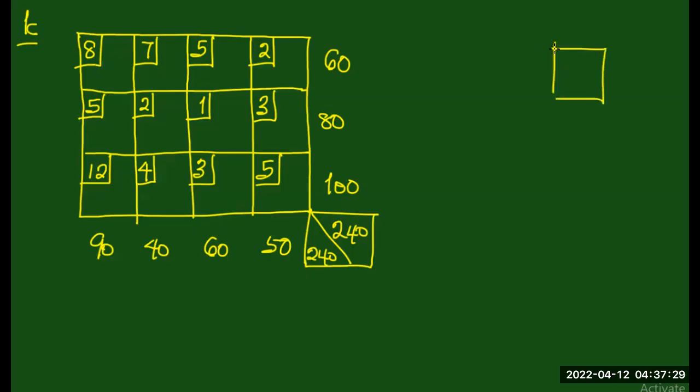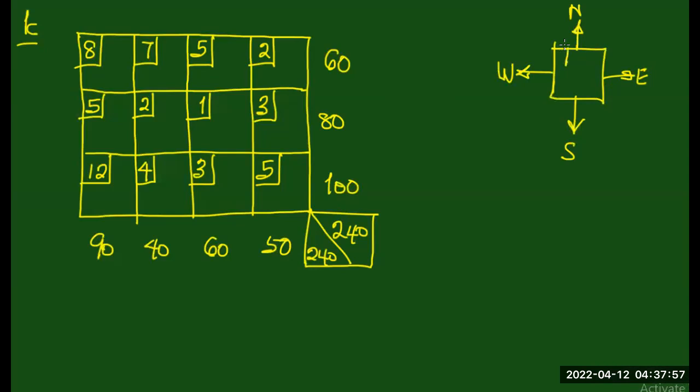If you have a box and a cardinal point, we have north, east, south. Is it correct? Okay, so where is the northwest corner?